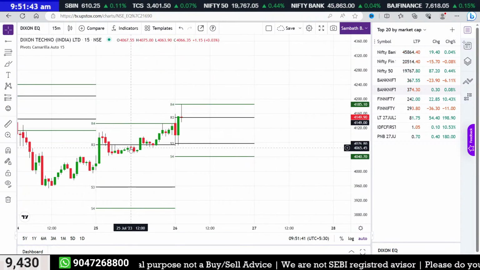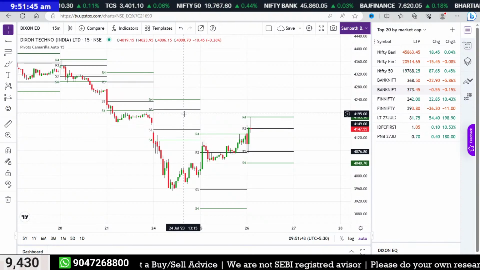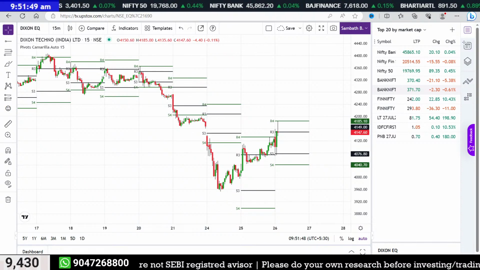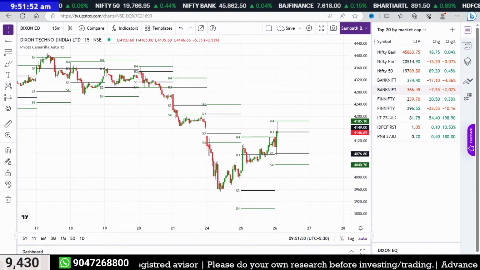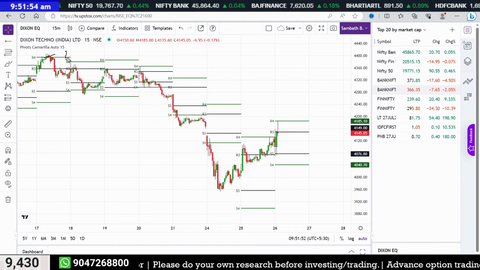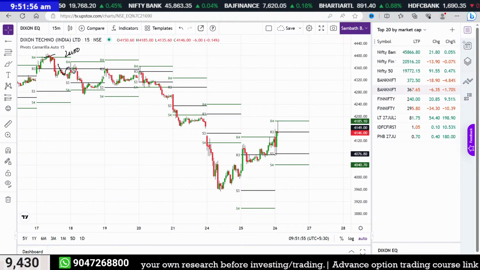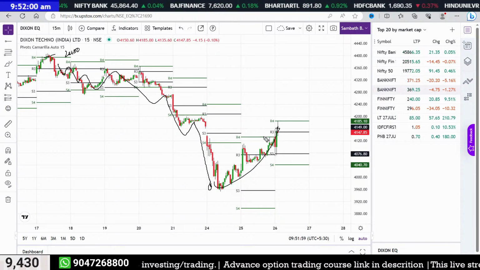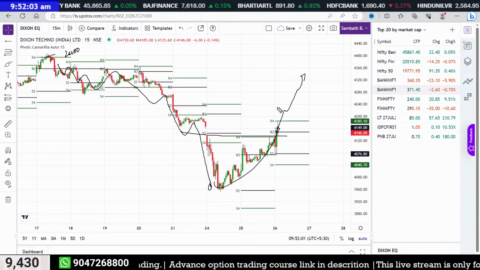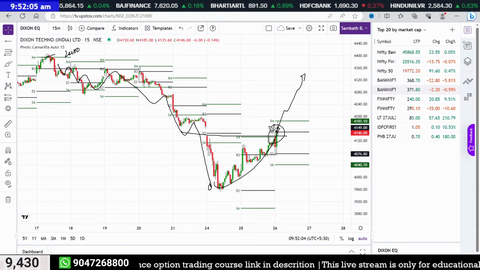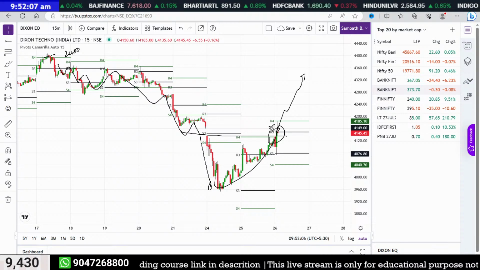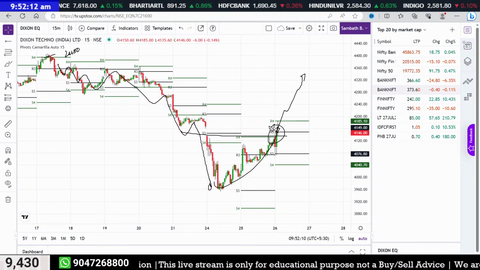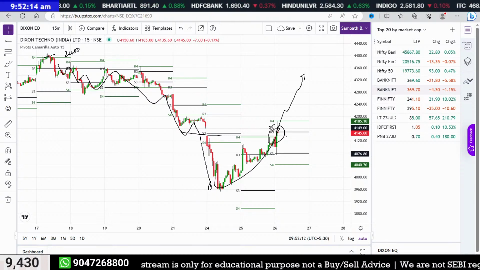Better you can wait, but positionally it looks good for a trend reversal, because after this rally, look at this, from that high of 4400 it kept on moving lower, and maybe a reversal, so we can expect an upside move from this point. So long term, not for intraday, not for short term also. It should be long term, so we can expect a positive move, not for today.